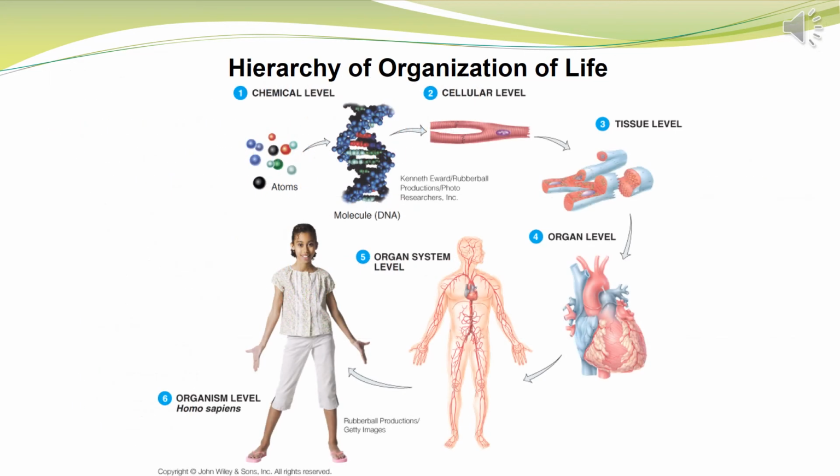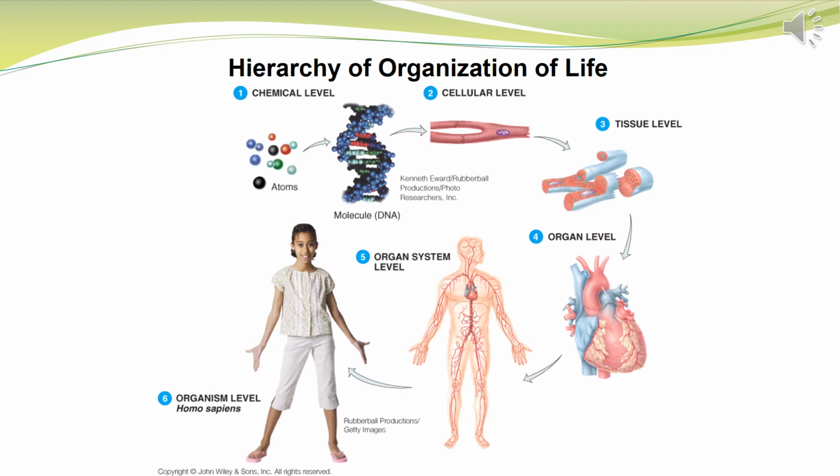So here's just a picture of what I just said. The first level of organization is at the chemical level, which is made up of atoms, which make up molecules. In this case, it's a DNA molecule. These molecules combine to create cells. Of course, it's a little bit more complicated than that, but we'll just say they combine to create cells.